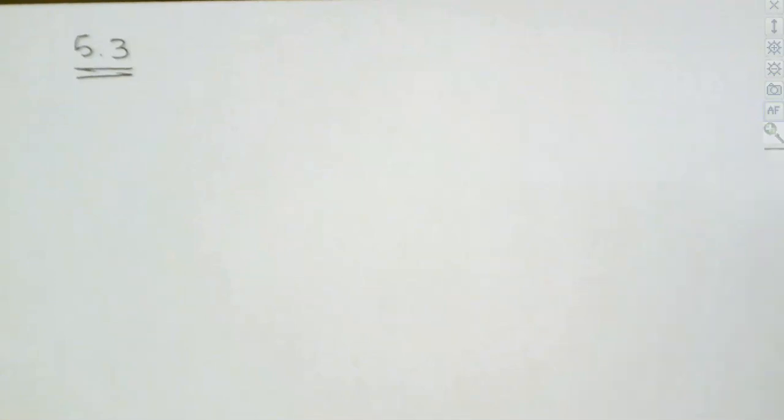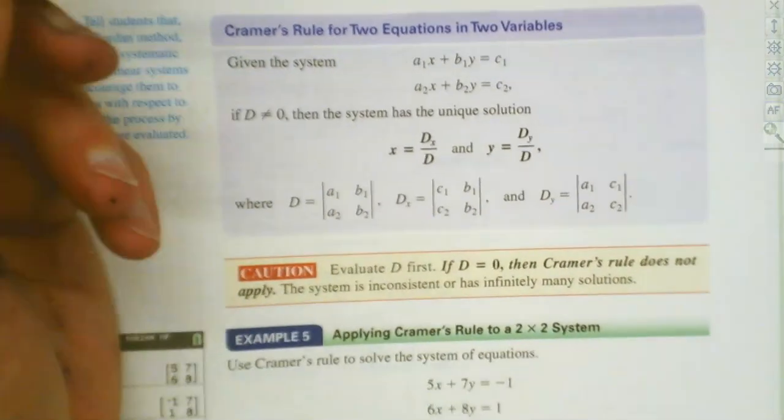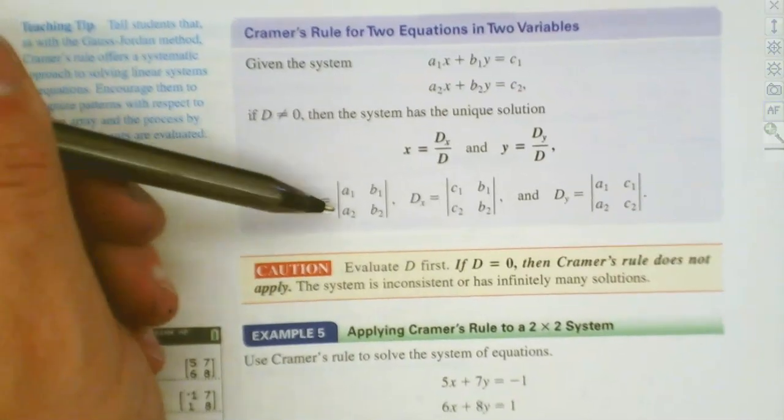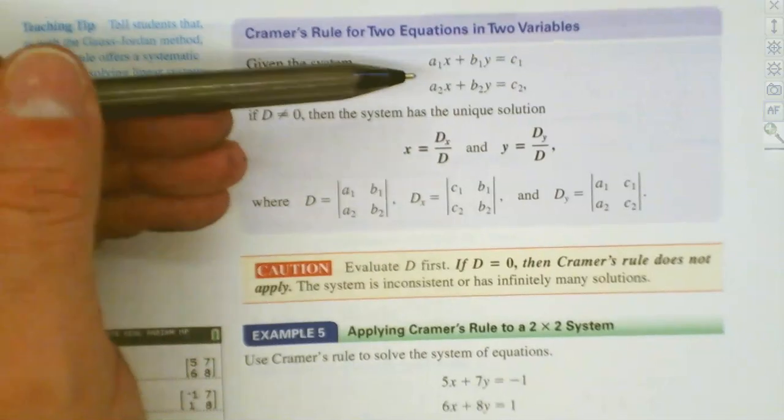So Cramer's rule is in 5.3, and I'm only going to give you two variables. Now, Cramer's rule talks about determinants. And I'm going to show you how to use this rule here in a moment.